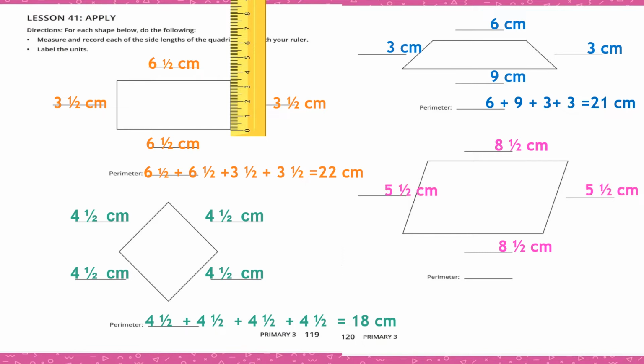And if this side is 5.5, it means the next side is 5.5. We wanted to add all of them together to find the perimeter. It will be 8.5 plus 5.5 plus 8.5 plus 5.5. All of them equal 28 centimeters.